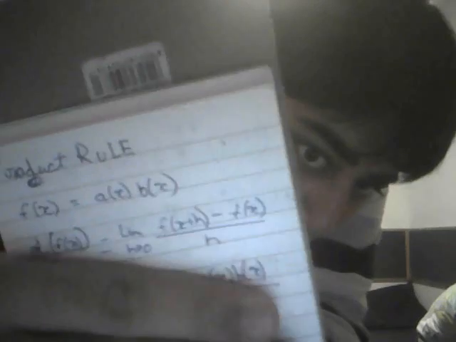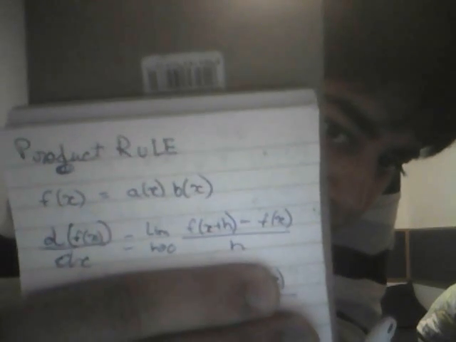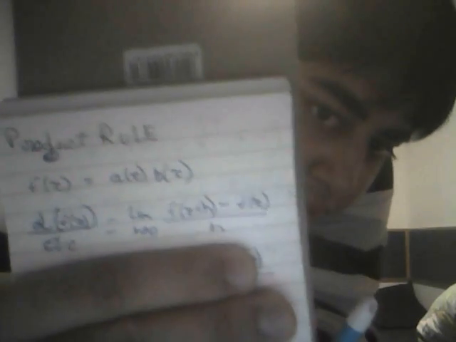Now if we use the same formula, we calculate the limit, and using the fundamental definition we get d of f(x) by dx is equal to the limit h tending to 0 of f(x plus h) minus f(x) over h.